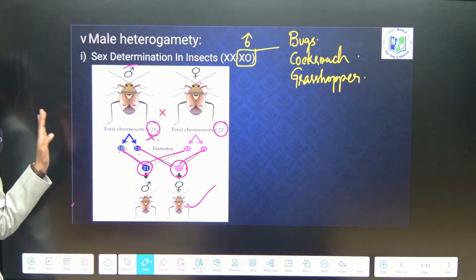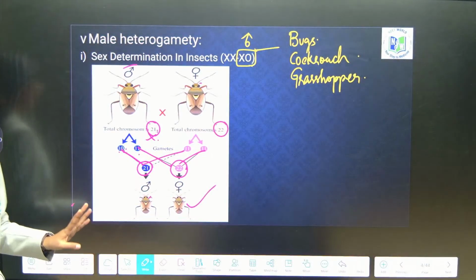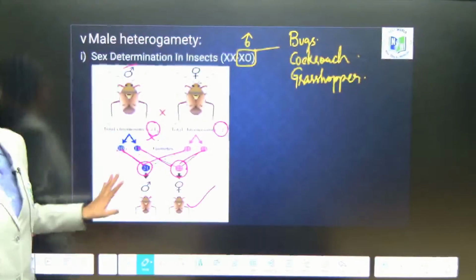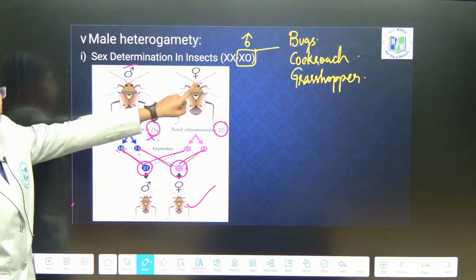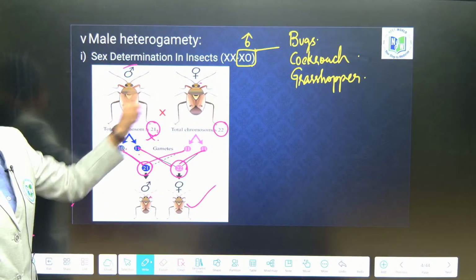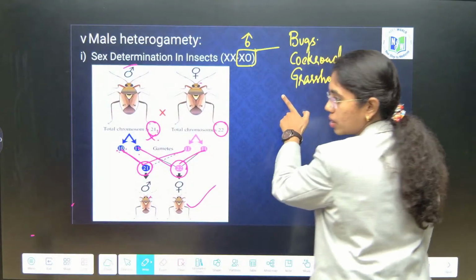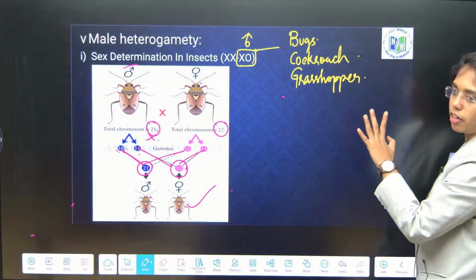Simple as it is. Don't get confused between autosomes and allosomes. Here absence of one allosome is deciding the gender. That absence of one allosome is there in males, that is why you address it as male heterogamety. Did you take the examples? Identification and examples are enough.